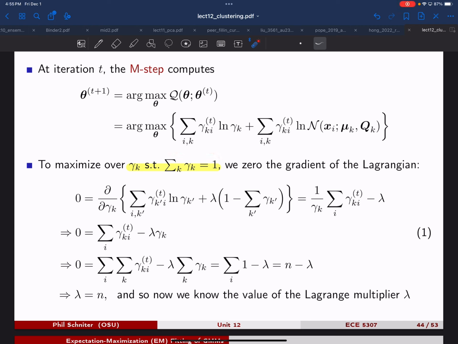So the way we do this, we learned a little bit a few units ago about Lagrange optimization. If you have an equality constraint, what you do is you take the thing you'd like to maximize over, and then you add a Lagrange variable times that equality constraint reformulated to equal 0.